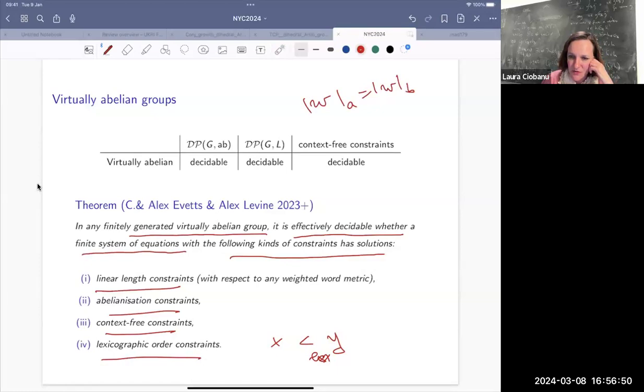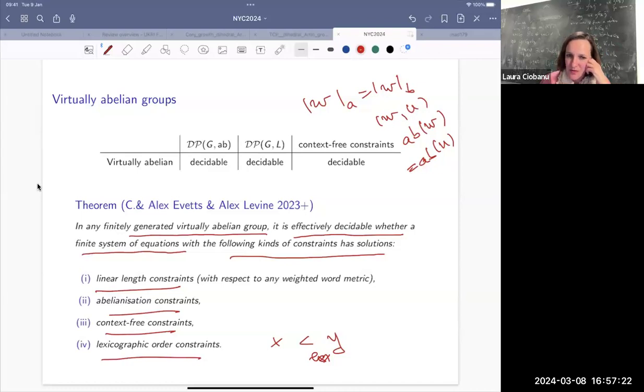Not even context free, not anything. And also the abelianization: the sets of pairs W, U where the abelianization of W is the abelianization of U. Again, these are not regular in a free group and not rational in other groups in general.